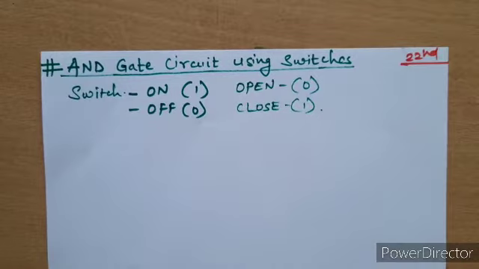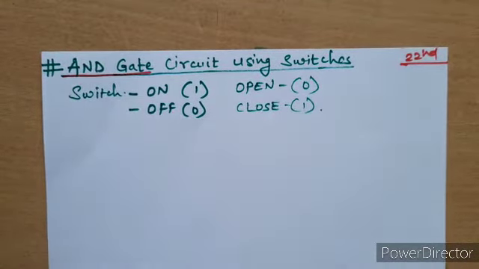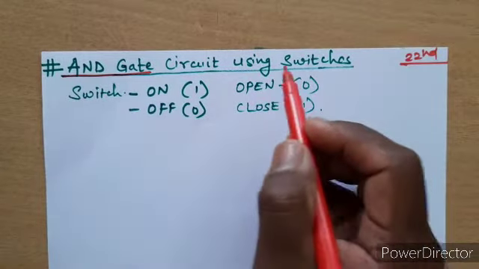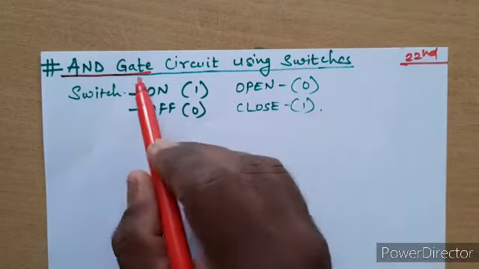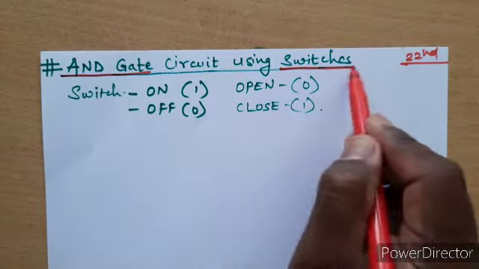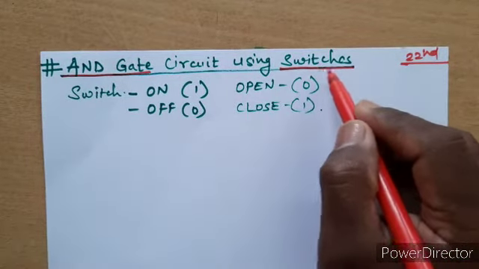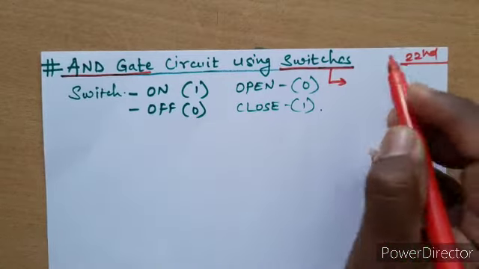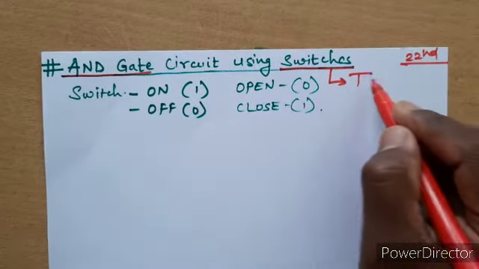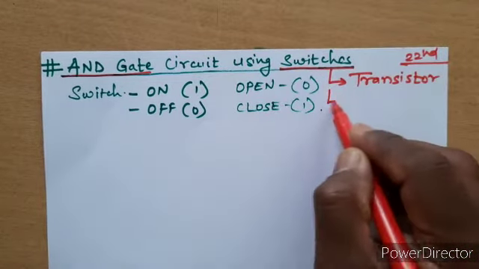In the last lecture we discussed the working of the AND gate, and we concluded by saying that we'll see the circuit of the AND gate using switches. Initially we'll try to understand its working with the help of switches, and then we can replace the switch with a transistor or diode.